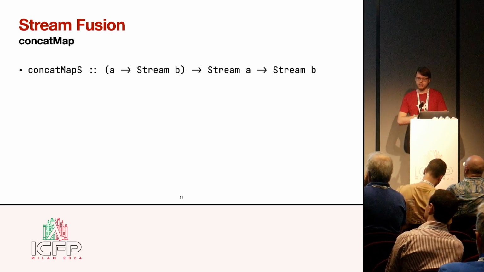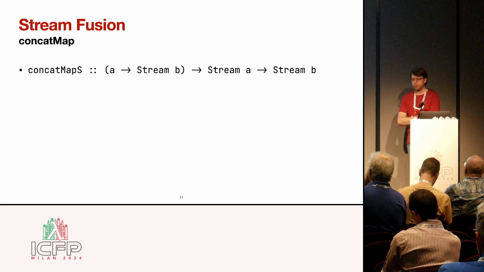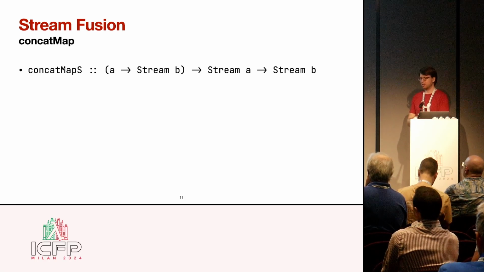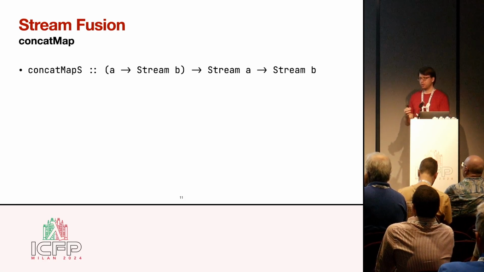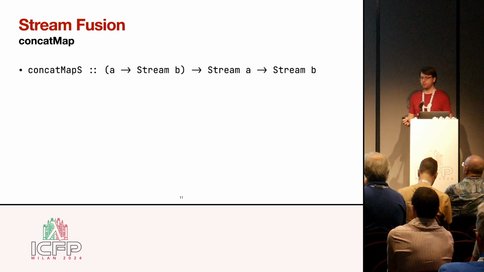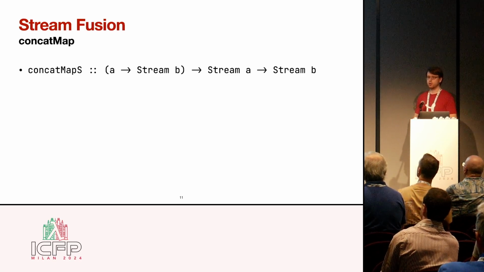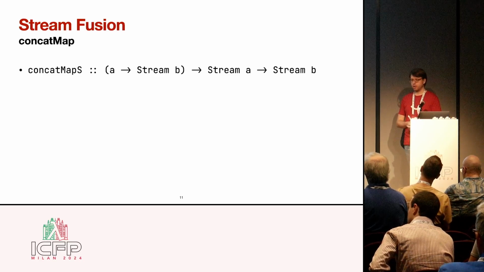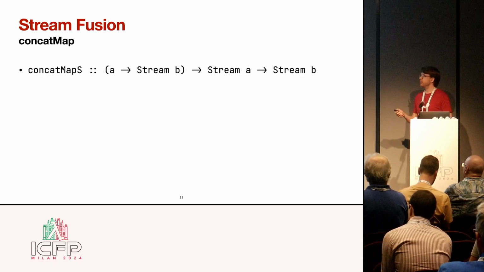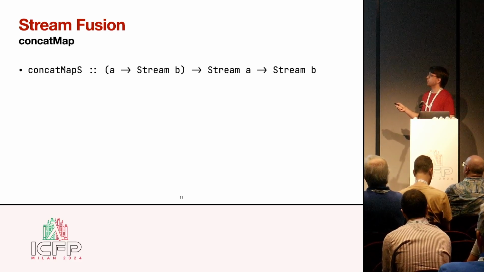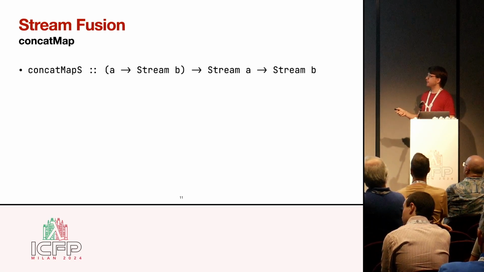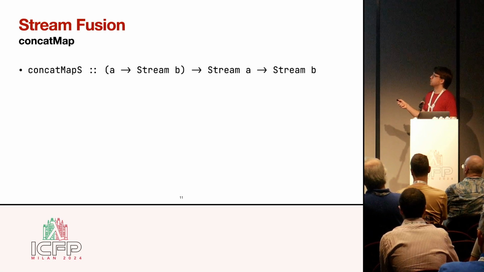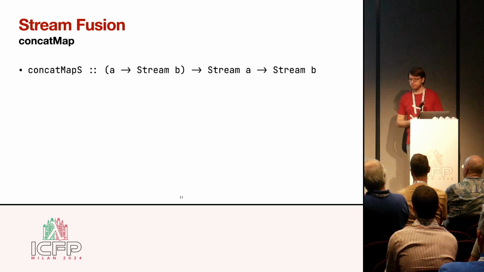But there is a remaining problem with stream fusion, and that is also identified by Duncan Coutts in his paper. It is not easy to fuse occurrences of the concatMap combinator using this approach. concatMap is a function that takes an outer stream which produces A's, and then for each of these A's produces an inner stream, and it will concatenate all these inner streams together.